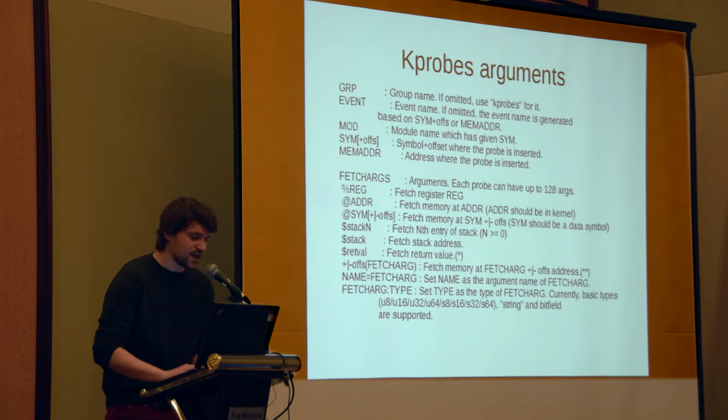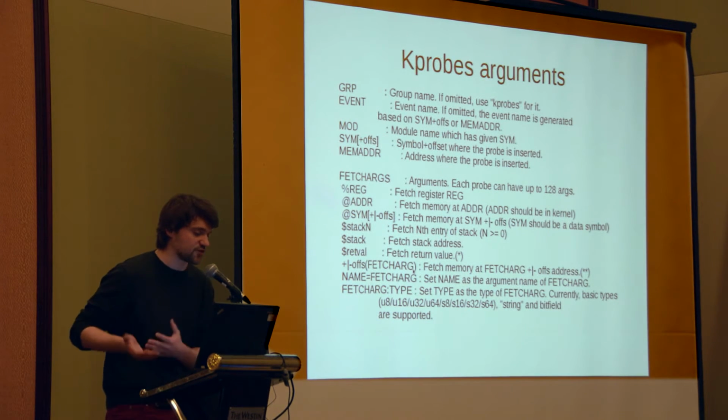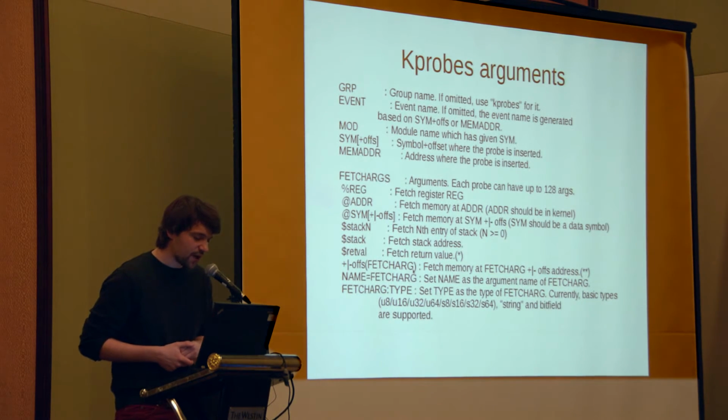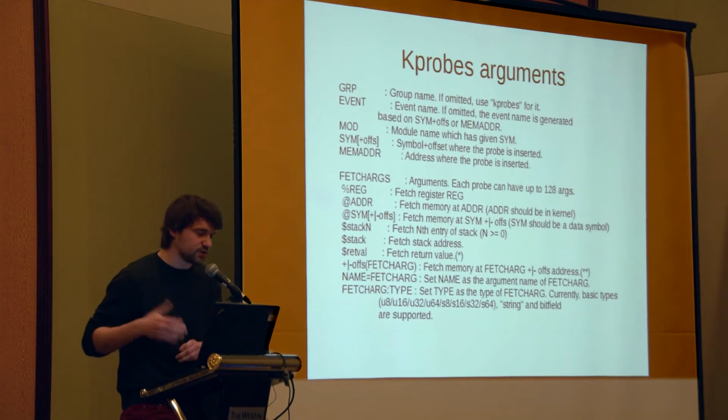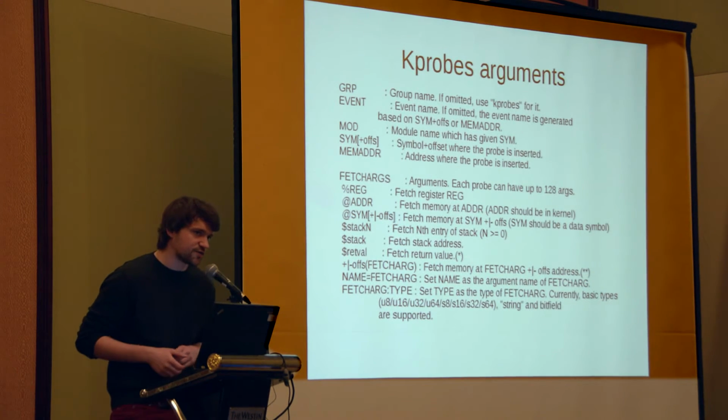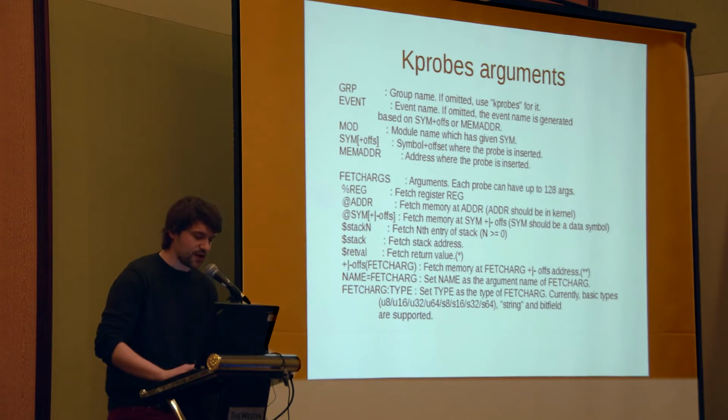We can specify a fetch arg, where we fetch memory or have a symbol available with an address which can be resolved by perf, and we can specify an offset to that. So it allows us to peek into the CB section of the SKB and extract the value.